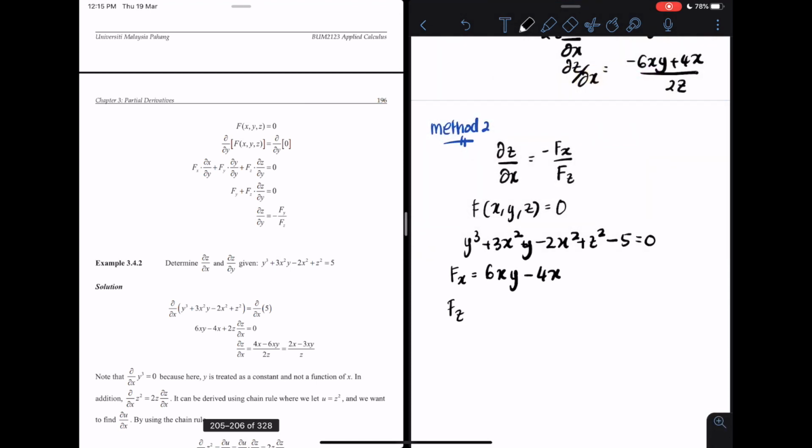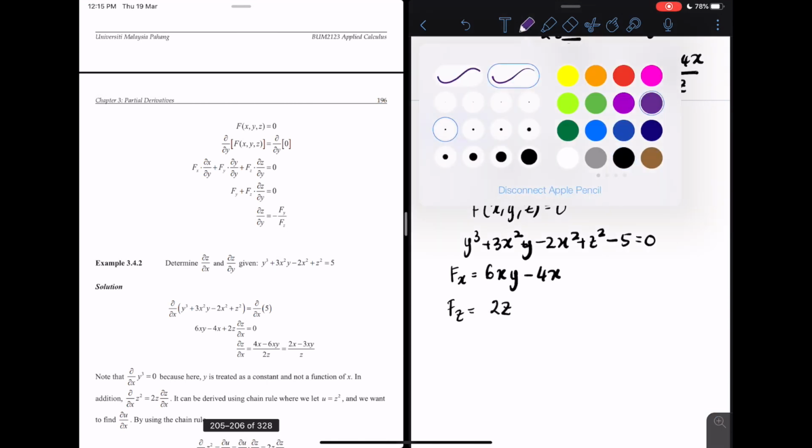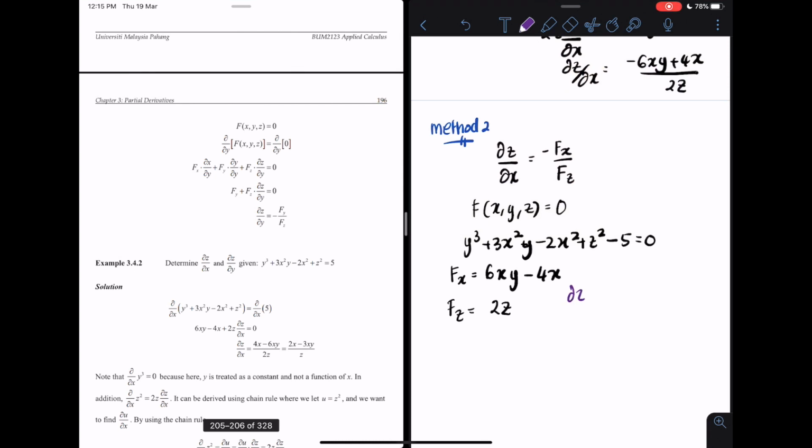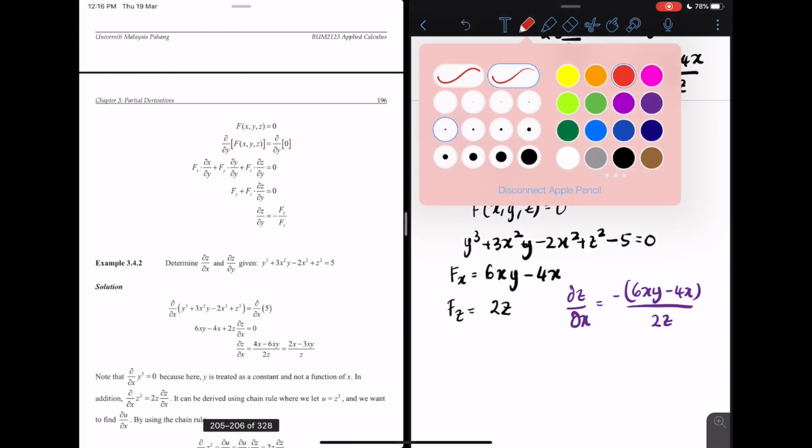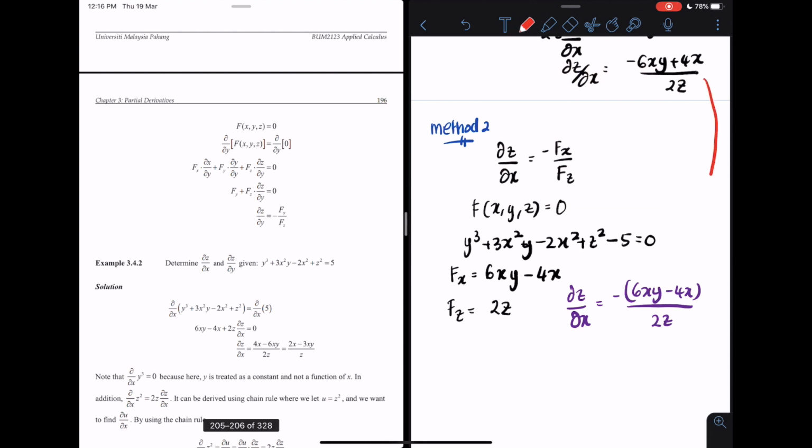Therefore, fz equal to as simple as 2z, and then you can simply substitute into the formula del z del x equal to negative 6xy minus 4x divided by 2z, which is similar to the answer you obtained from method 1.